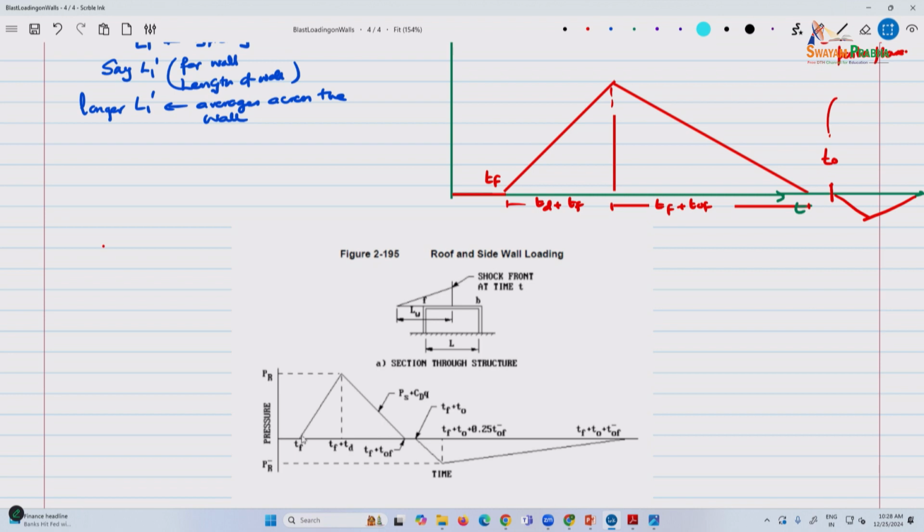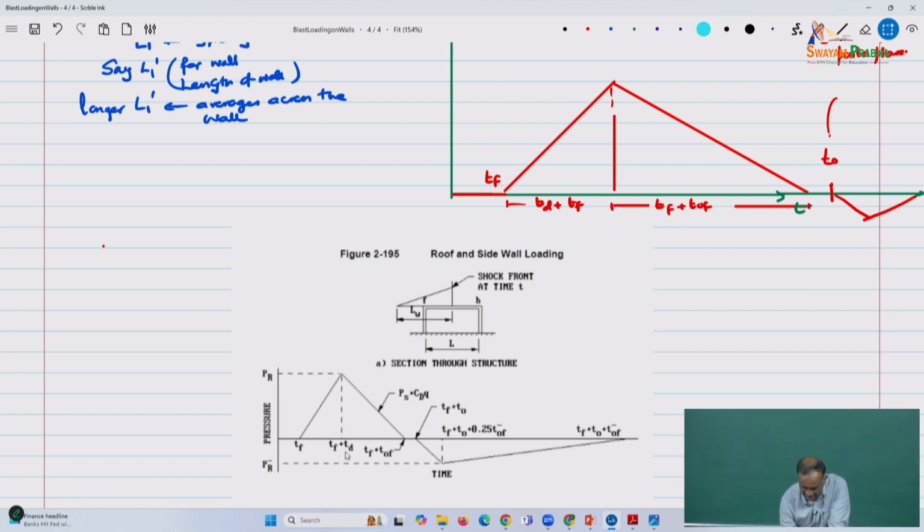What you see here is PR, TF, TF plus TD, and this curve is what PS plus CD times Q. That's the peak value.